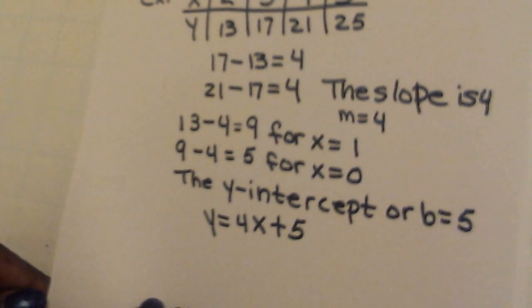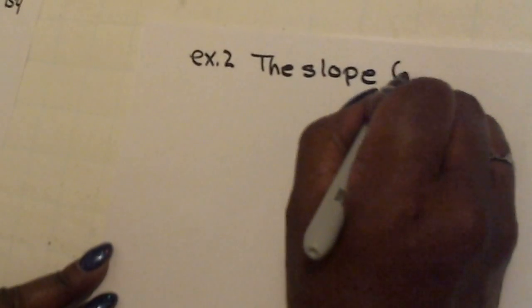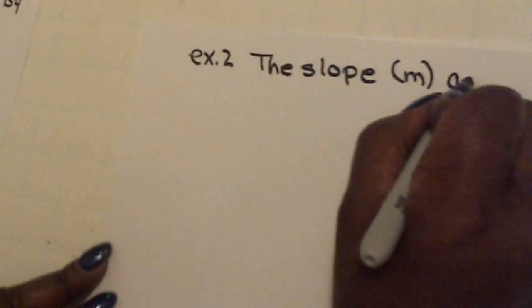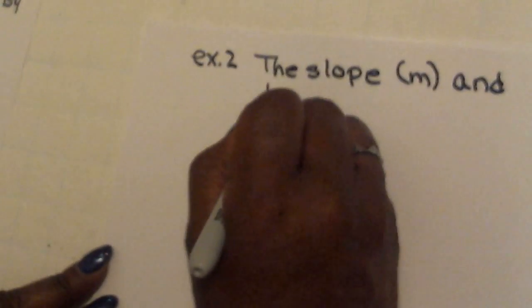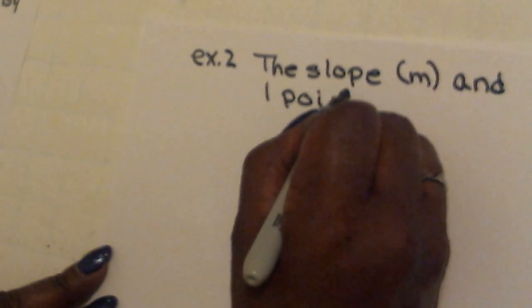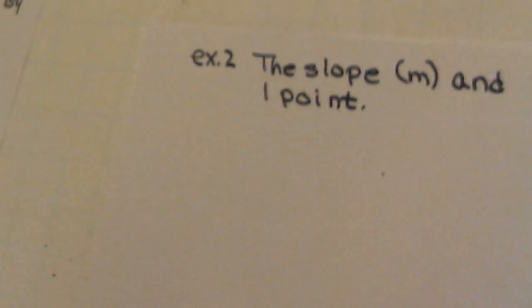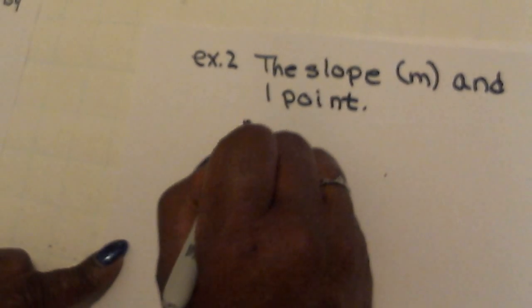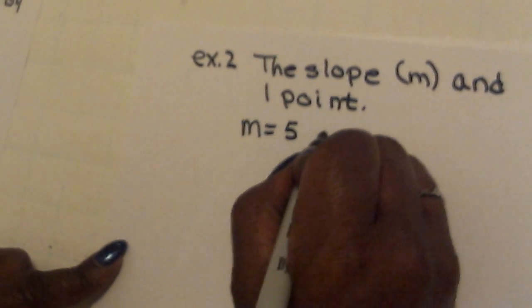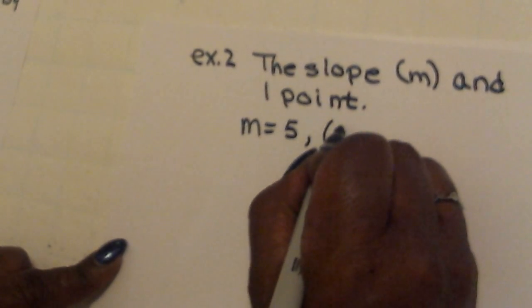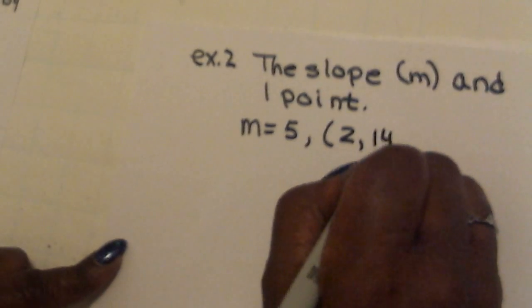Next, I'm going to do example 2. Example 2 is when you have the slope, that's m, and 1 point. So I'm going to use m equals 5 and the point 2, 14.